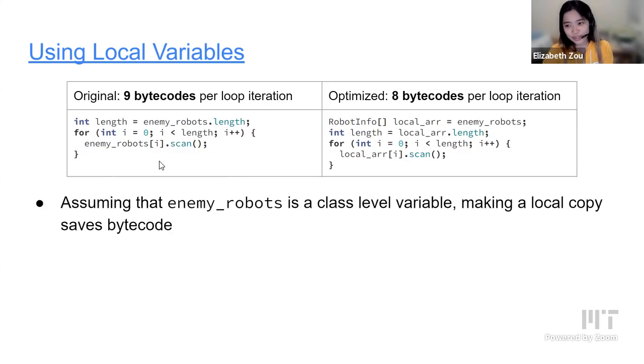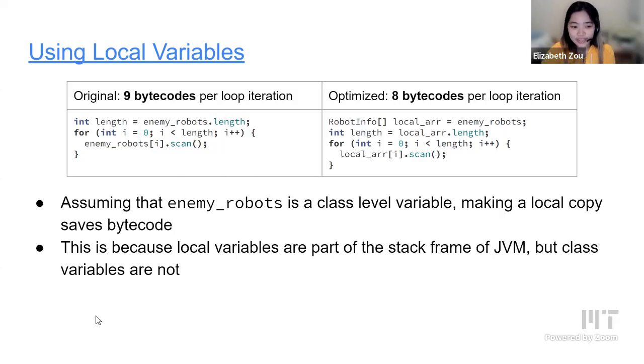I guess this code comes out of the assumption that if enemy robots was a class level variable, as in you have the class variables outside, and then this was in some function using the class variables, then if you make a local copy of the reference, it will actually save you bytecode every single loop iteration. This is because the local variables are part of the stack frame in a JVM, and class variables are not.